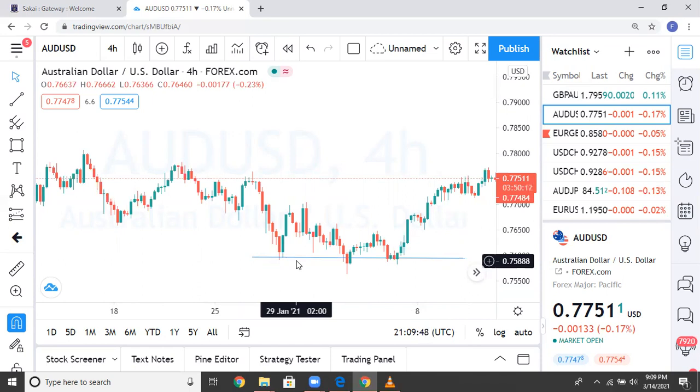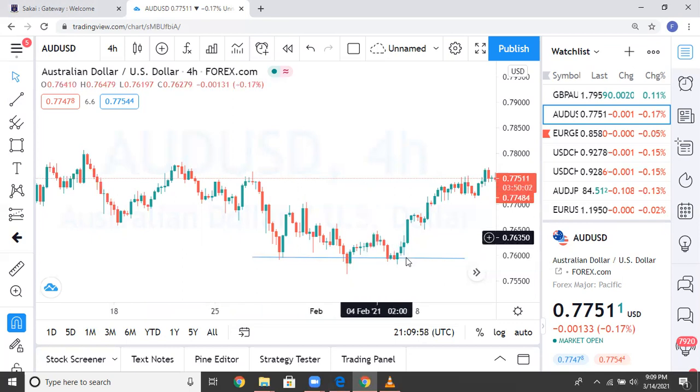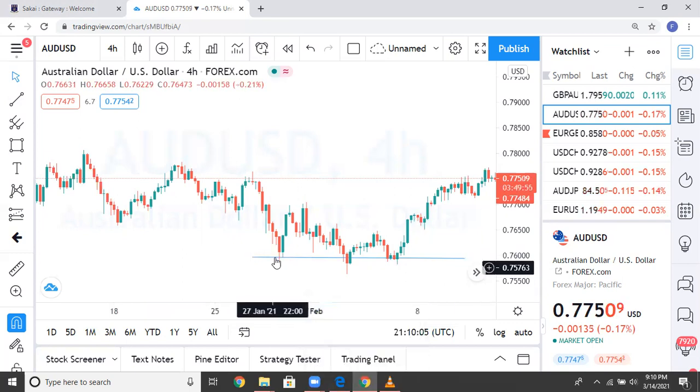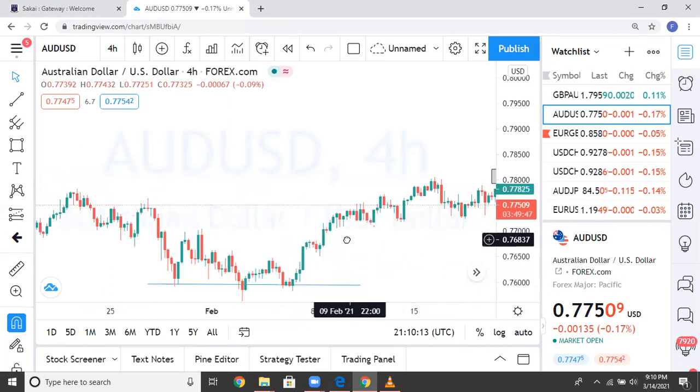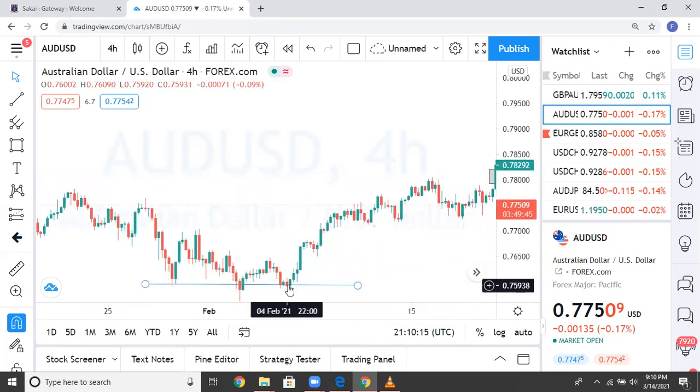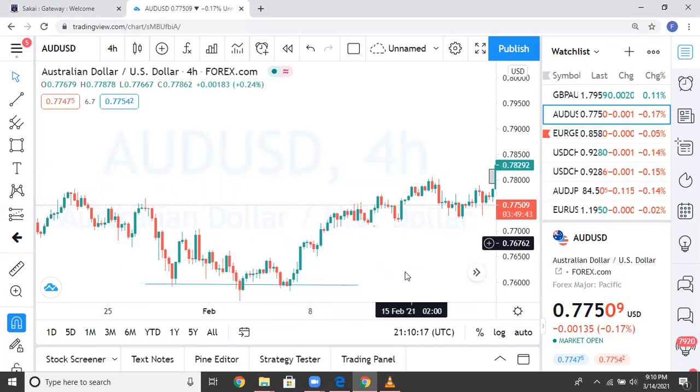You identify the order block, draw it with your trend line, and wait for the price to get there. When the price gets there, the market will reverse. See how this one is another block. See how when the price got here, it bounced back, touched it again, and the market went up from here all the way to this side.